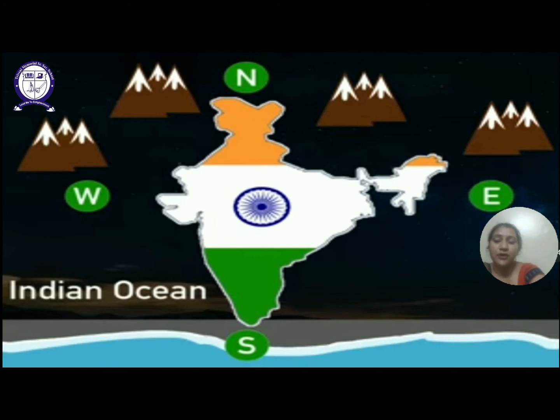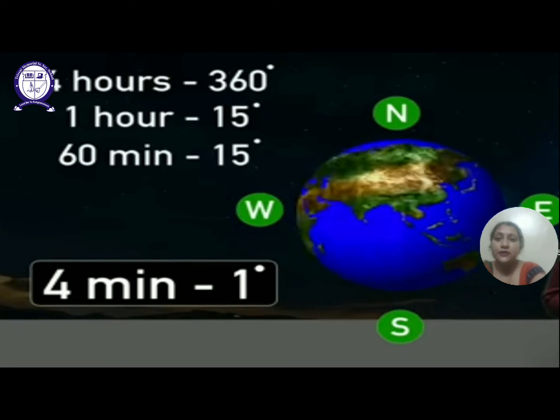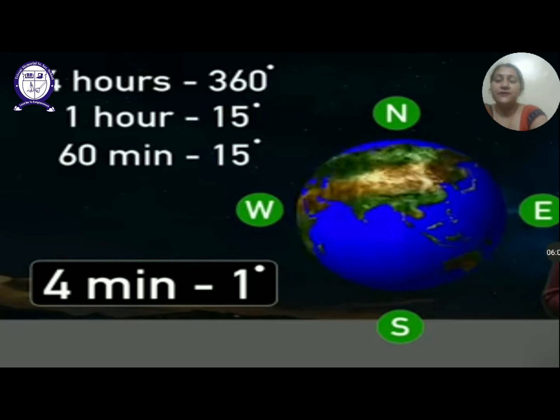In the north part we have mountains, and in the south it is lying with the Indian Ocean.